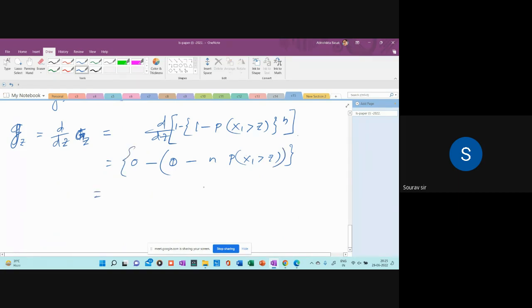So we will proceed and ultimately we have to the power n minus 1. So we will put the values and it is going to give me n into capital F of z to the power n minus 1.